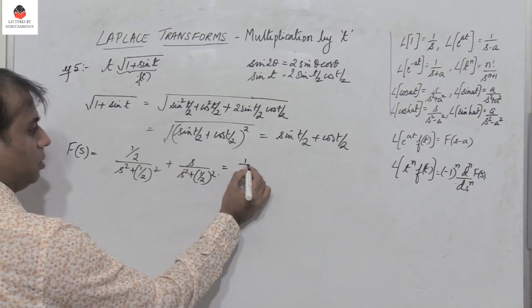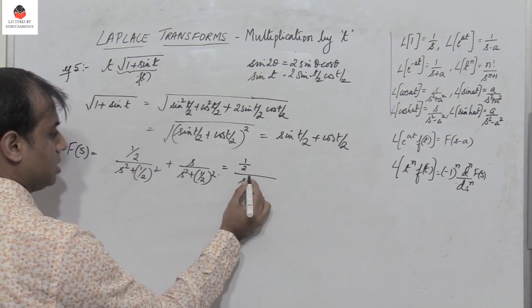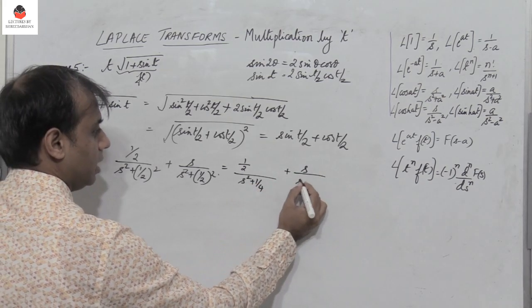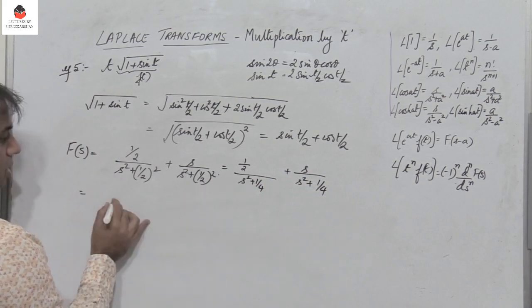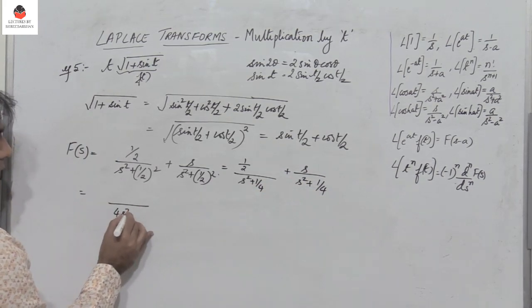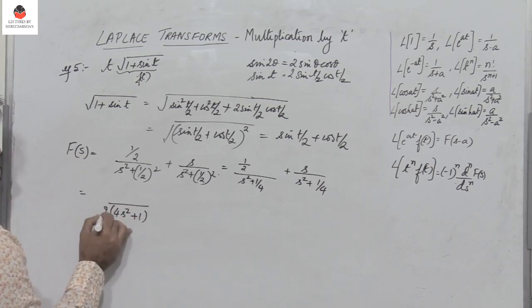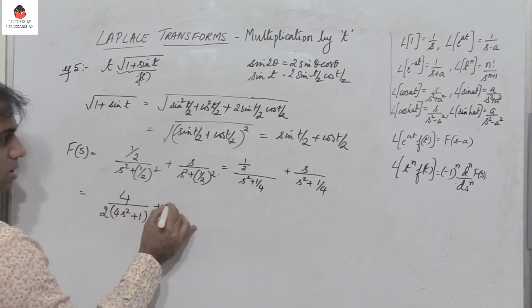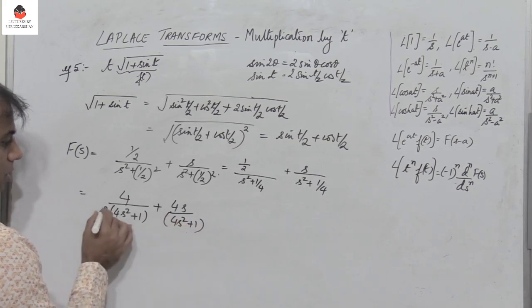So let us simplify. You get 1 by 2 divided by s square plus 1 by 4, plus s divided by s square plus 1 by 4. So taking the LCM, you get 4s square plus 1, right, 1 by 2, so 4 goes on top, plus 4s divided by 4s square plus 1.